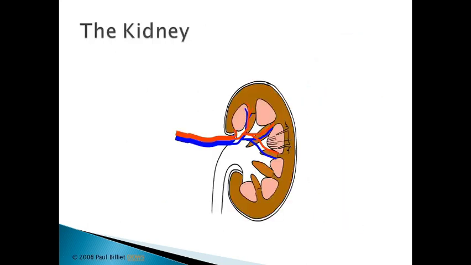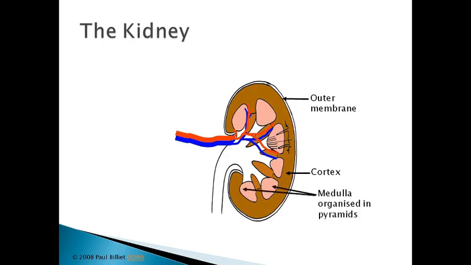Now, just to revise the structure of the kidney once again, this is the cortex, this is the outer membrane, these are the medulla, which is organized as pyramids. You can see the nephrons which are arranged in the cortex and the medulla. The nephrons are arranged like this.